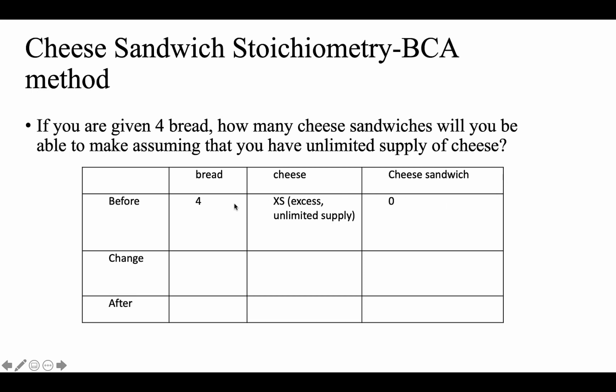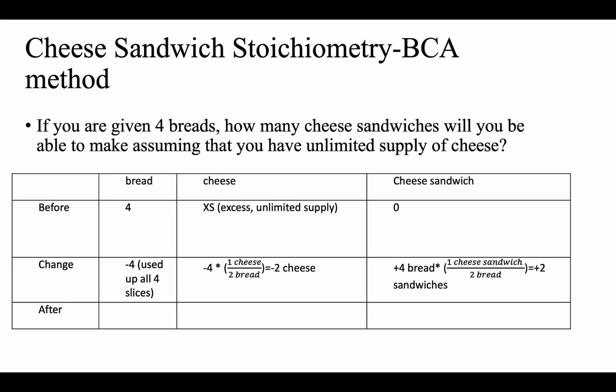Okay, so here I start with 4 slices of bread, and I have an unlimited supply of cheese given by the question, so I put XS, indicating that it's in excess, and I will have 0 cheese sandwiches before I start to assemble the bread and cheese together. And as I start to make my sandwiches, I will eventually use up all 4 slices of bread.